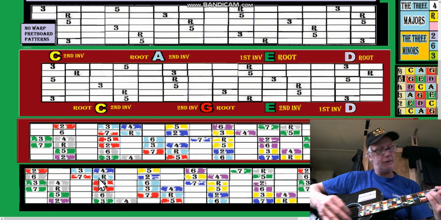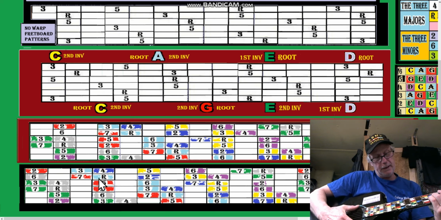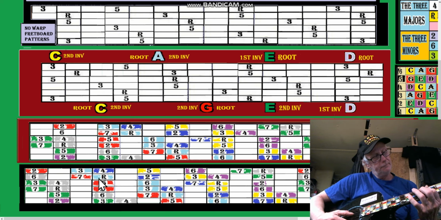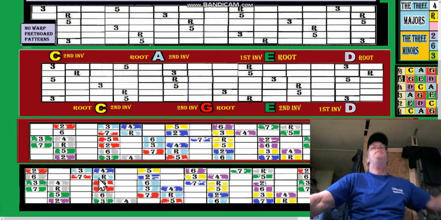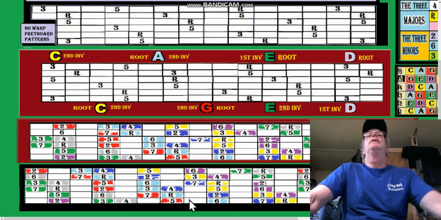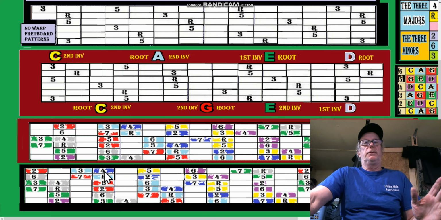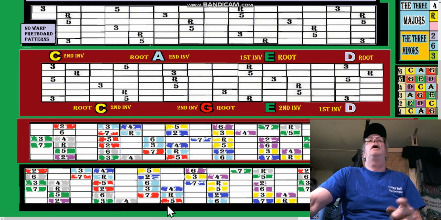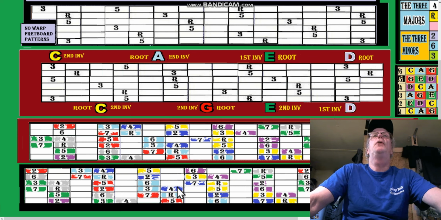Alright, so it's pretty easy to go up these arpeggios, and they do go to the left, because you're going up a whole 4th each string, and then over so many to make a third, a minor third, or a major third, or even a 4th.